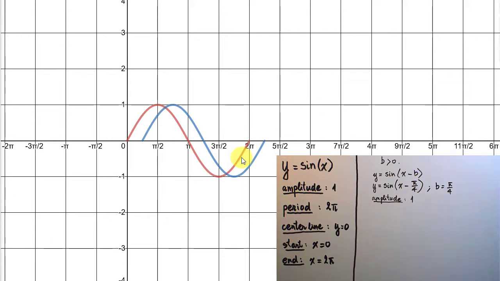Same wave height. And also we can see that they are both staying on the same center line.